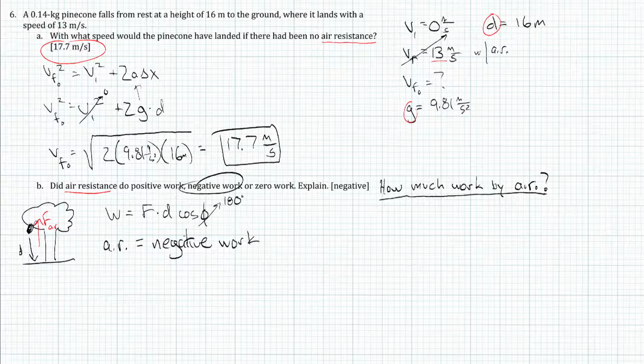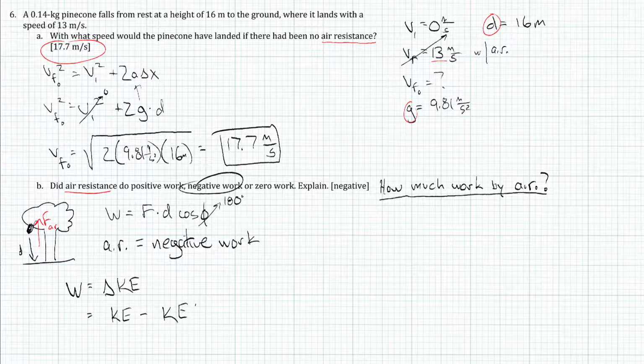All right, this is going to be a good application of our work kinetic energy theorem. Remember that we said that work that is done is the change in kinetic energy between two states. All right, what are the two states that we have? Well, we have the kinetic energy. Oh, by the way, change, of course, means difference in, right?